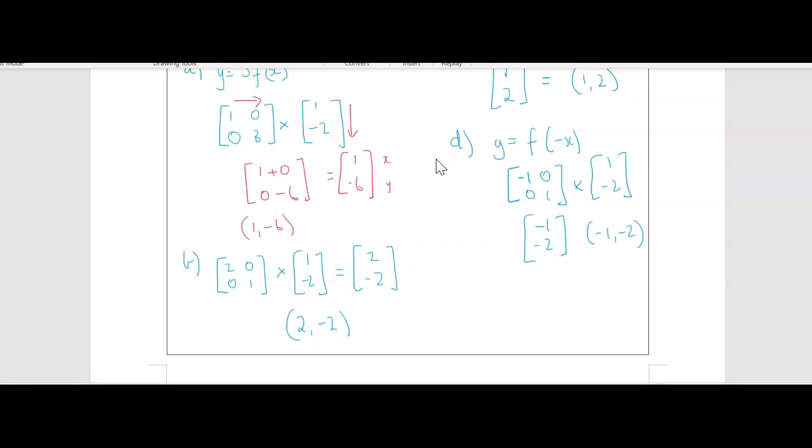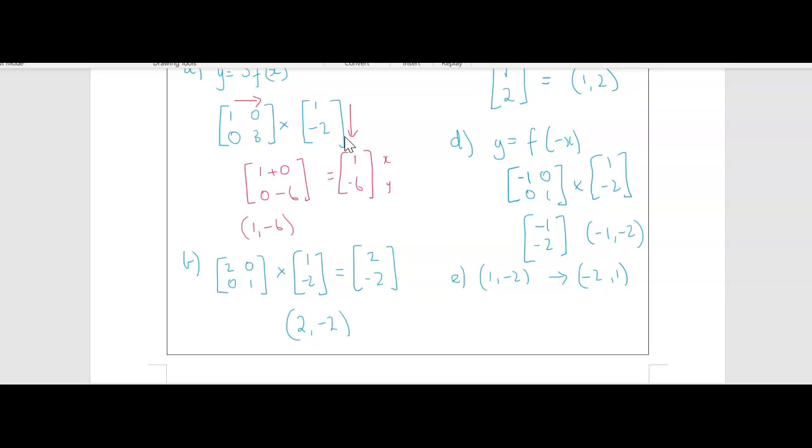And last one, a reflection in the line y equals x. This time we've got an inverse. If we've got the point (1, -2), as in the question, then the image has to be (-2, 1). You don't really have to do matrices for all of these, but you need to understand how to read transformations from a matrix.